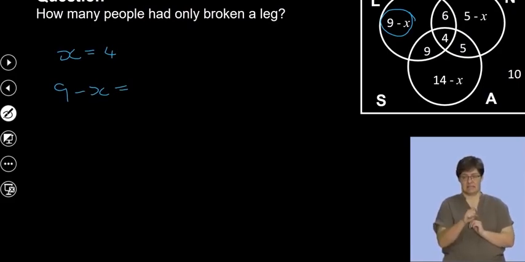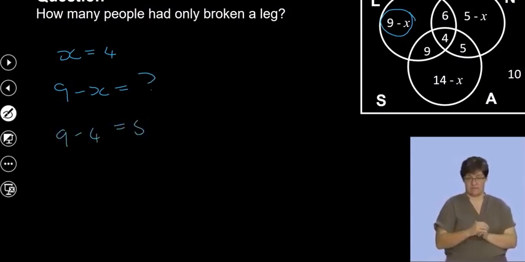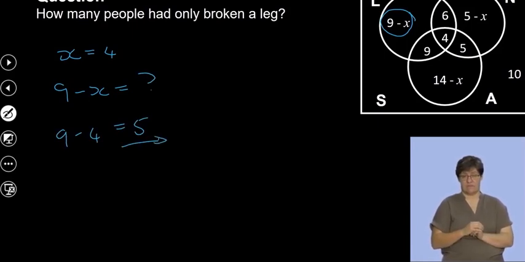Well, that's simply 9 minus 4, so that's going to be 5. So the people that have only broken a leg would be 5. In the same way, you could calculate all the others of those that had only broken one thing.